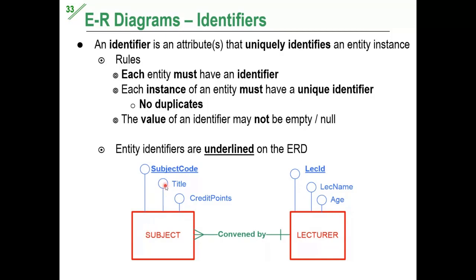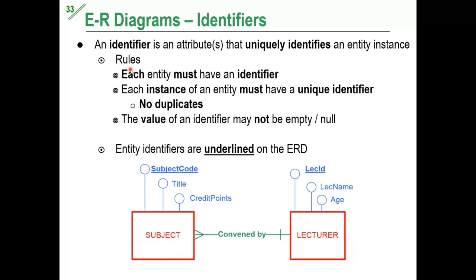We'll come to that later on. We identify the identifier and underline it. Here, the identifier for subject is the subject code, and for lecturer it is the lecturer ID. If I know the subject code, I know exactly which subject I am talking about. If I know the lecturer ID, I know exactly which lecturer.